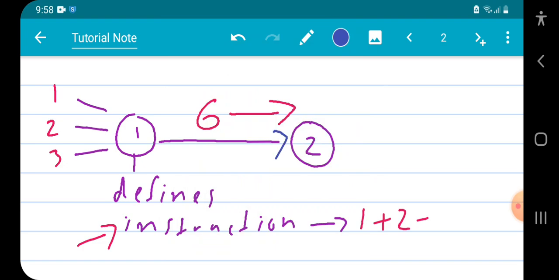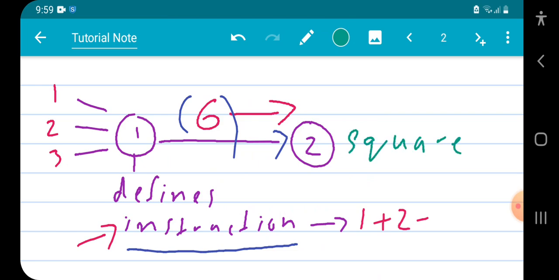Now, artificial neuron number 2 can be different. It can be the same as artificial neuron number 1 in terms of the instructions it's going to follow on the result given by neuron number 1, or it may be different. So we can say, hey, artificial neuron number 2, whenever you receive some data, you need to square that data.